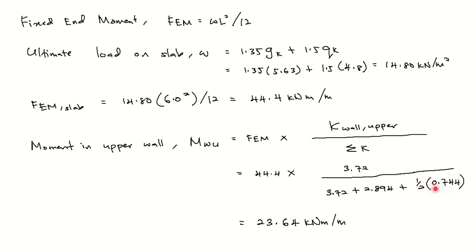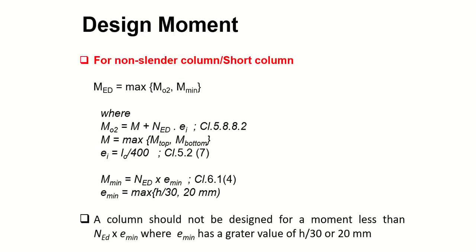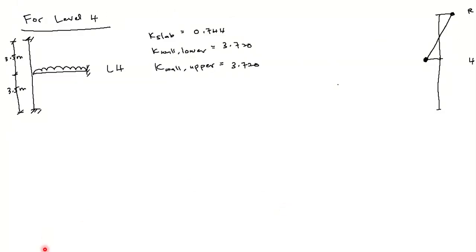This one is the same, just take half. So the W just now is 14.80 kilonewton per meter, and the FEM is equal to 44.4 kilonewton meter per meter.